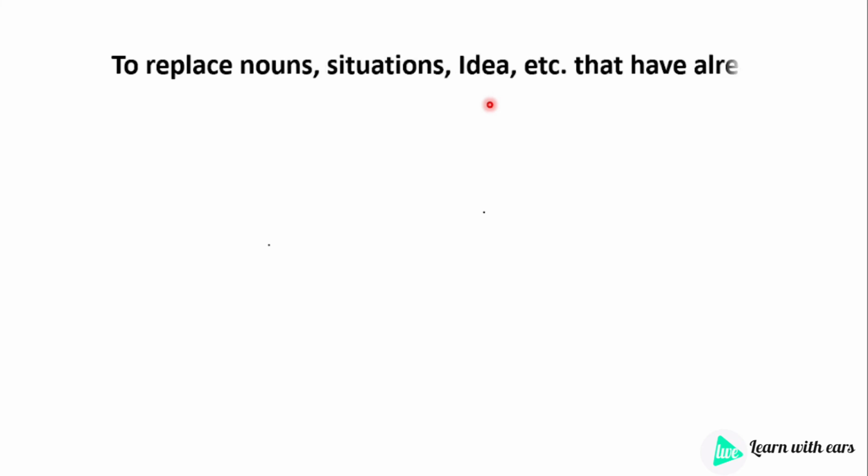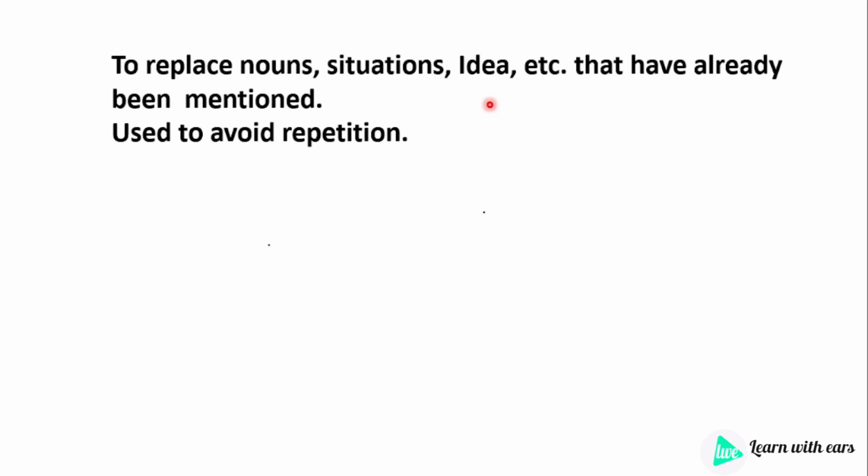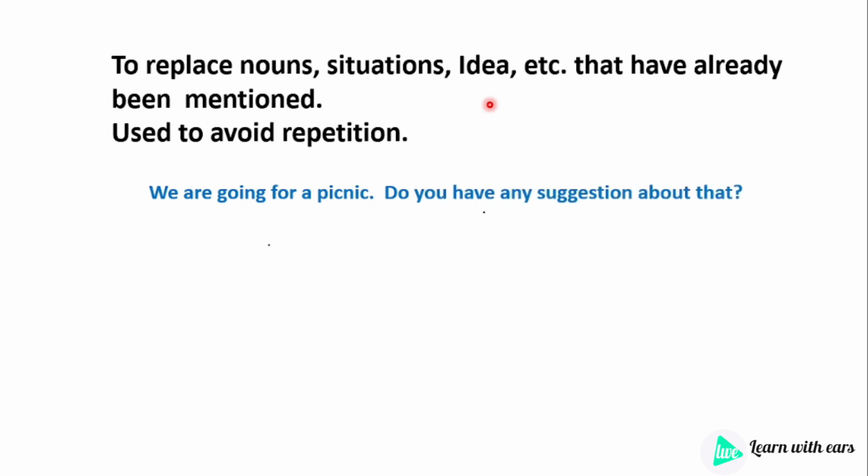Okay. We can also use demonstrative pronouns to replace nouns, situations, ideas, etc. We use it to avoid repetition. For example, we are going for a picnic. Do you have any suggestion about that? About what? About going for a picnic. But we don't want to repeat it. We use about that.